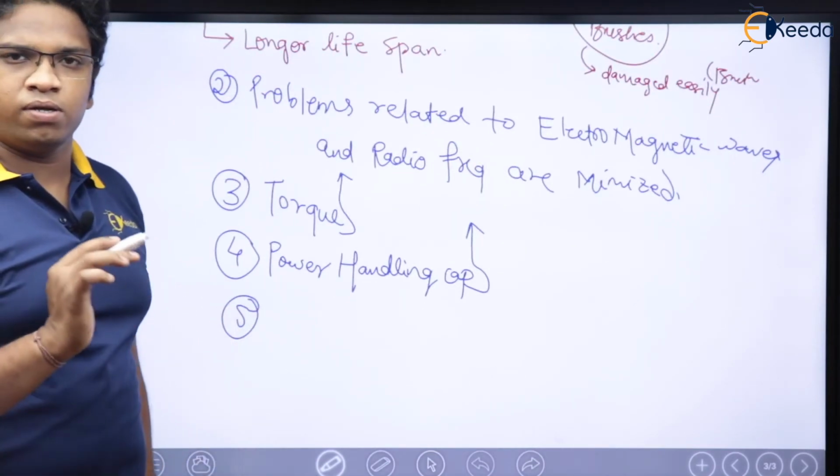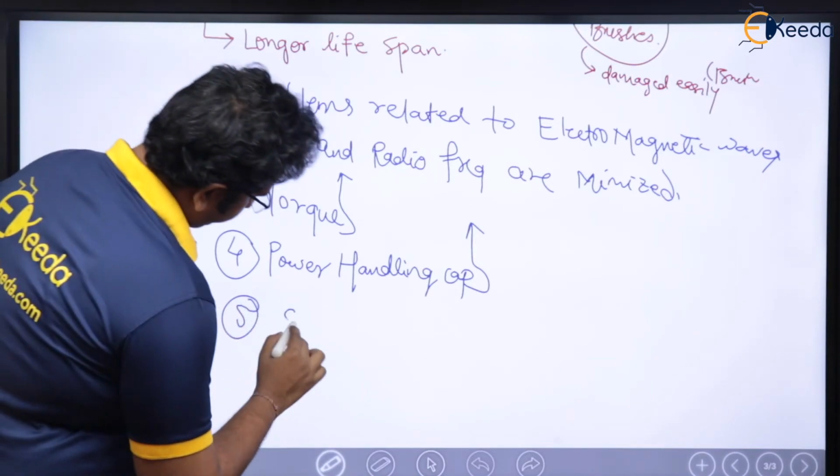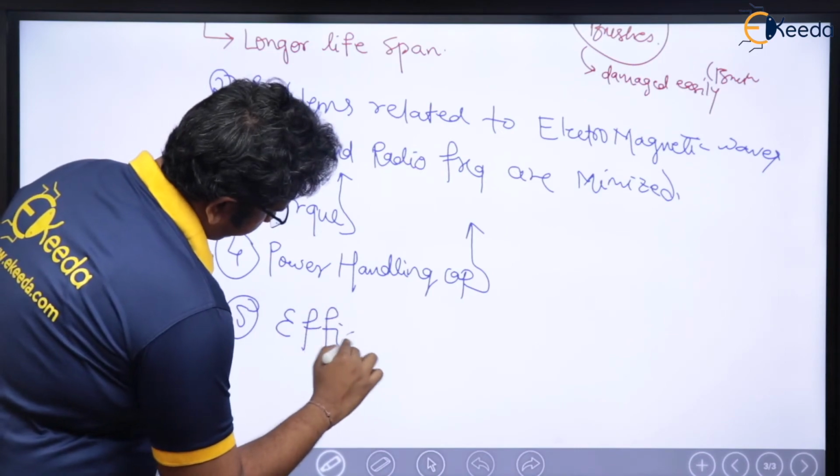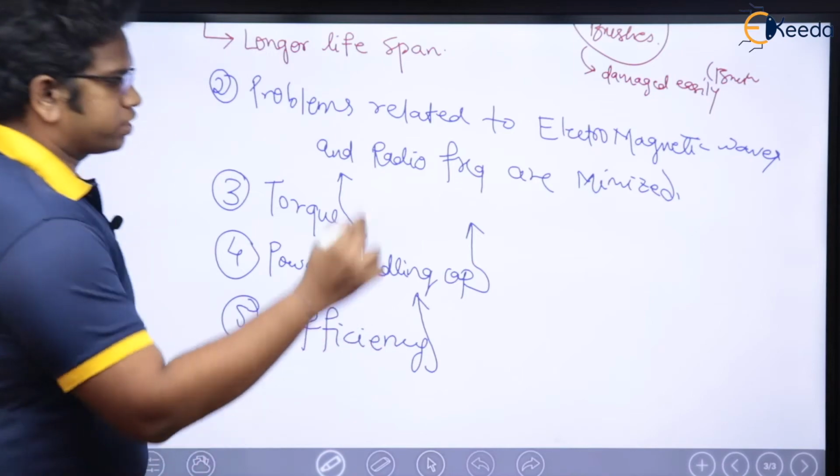Now, what about efficiency, sir? Efficiency is also one important parameter. The efficiency of a BLDC motor is also more as compared to a DC motor.